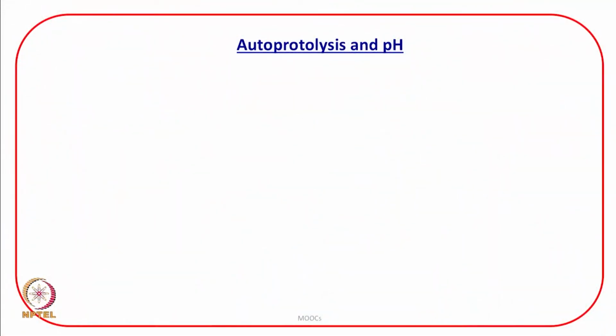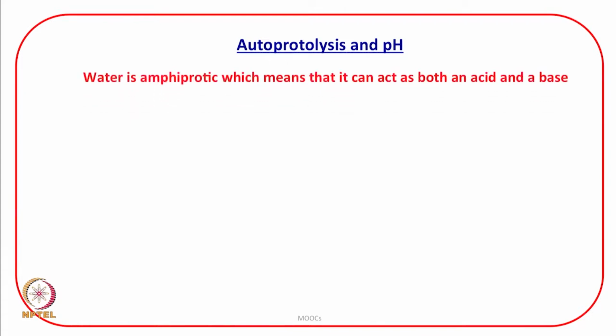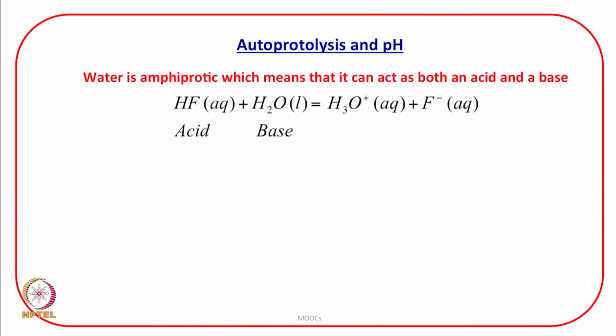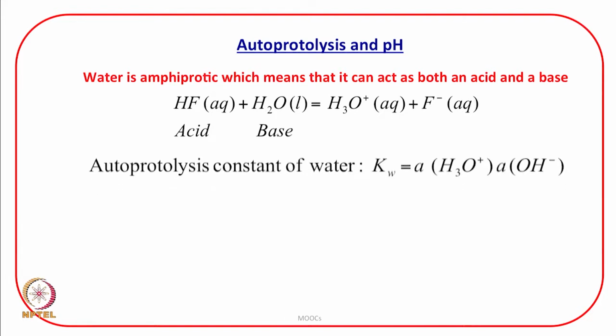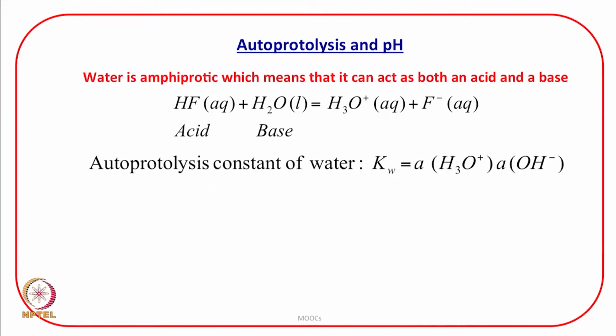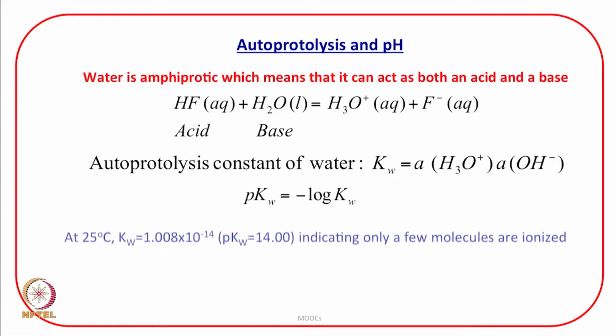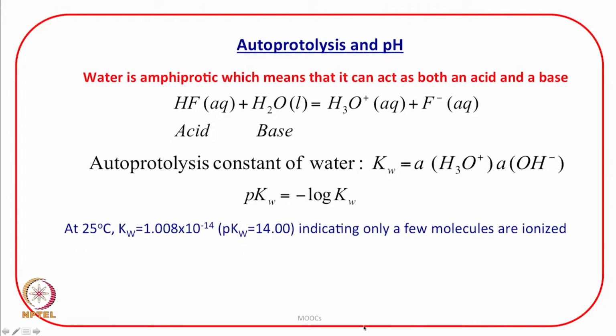In autoprotolysis of water, we discussed the amphiprotic nature of water, that is, water can act as both an acid and a base. We also introduced the autoprotolysis constant of water and discussed that pKw for water at 25 degree centigrade is 14.